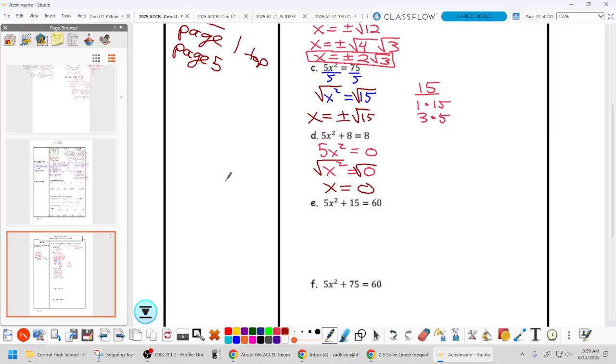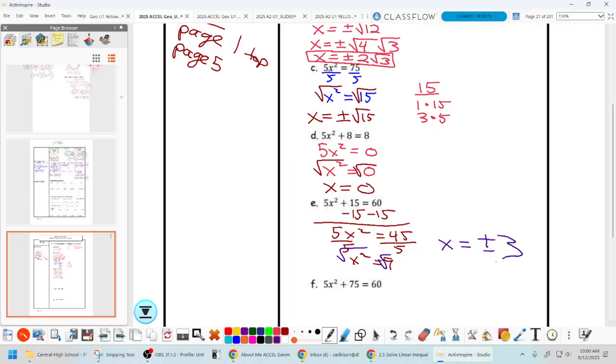Okay, next one, subtract 15. Divide by 5. Square root. What's this one going to be? Okay. So far so good?